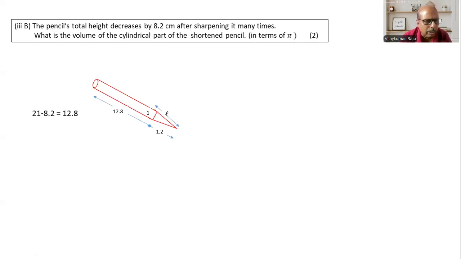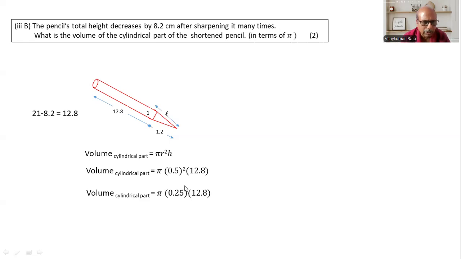21 was the total length actually at the beginning. It reduced by 8.2 and therefore subtracted, that is 12.8. That means now the length of the cylindrical part is only 12.8. It is not 21 because of sharpening and using it over and over again. Volume of cylindrical part is pi r square h. Put the value: pi, 0.5 square into h is 12.8.